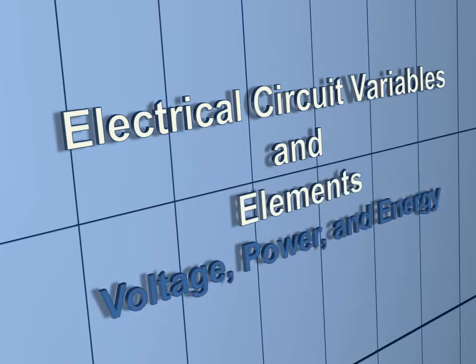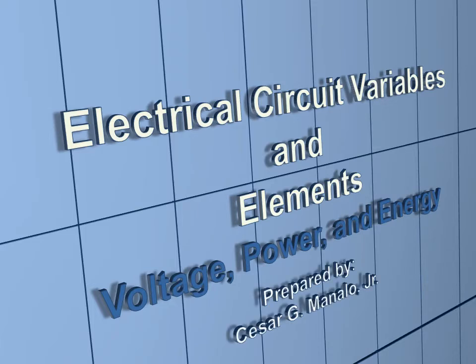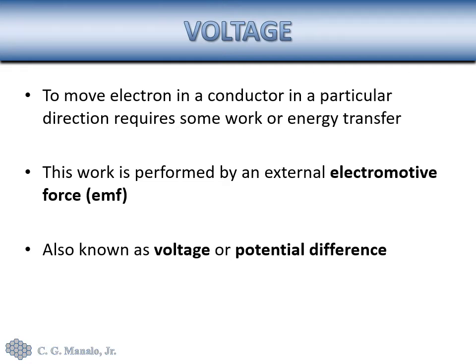So in this video, we're going to talk about voltage, power, and energy in an electric circuit. Previously, in our previous video, we talked about current, and we said that current is simply the movement of electrons. But what makes electrons move?